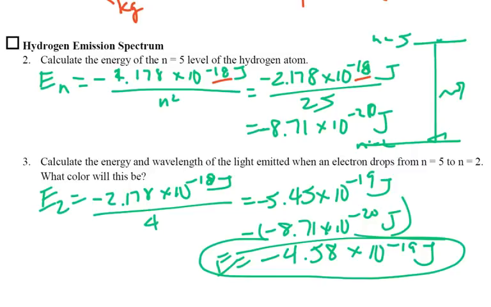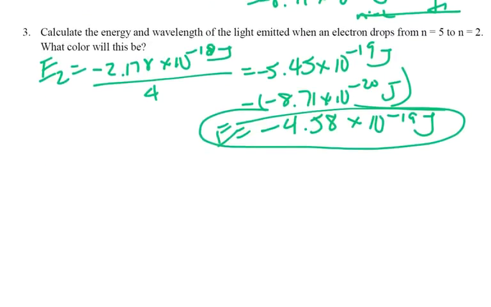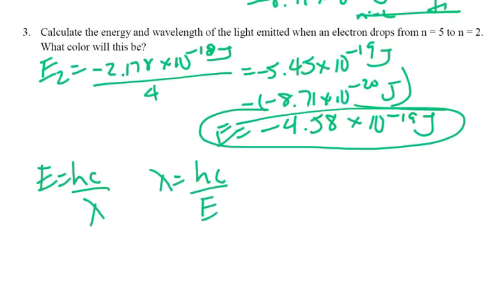And then I want the wavelength for this. I know that E equals hc over lambda, so I can rearrange that: lambda equals hc over energy.